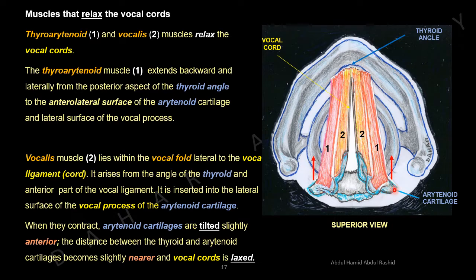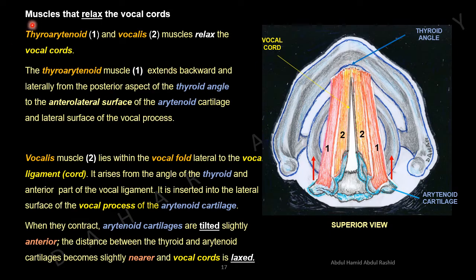This is the lateral or muscular process of the arytenoid cartilage. In front is the vocal or anterior process of the arytenoid cartilages. The vocal process is attached by the vocal cord here, which is again attached anteriorly to the angle of the thyroid.